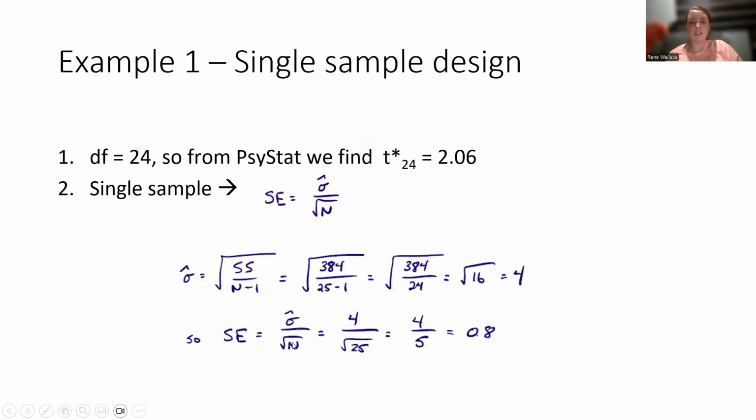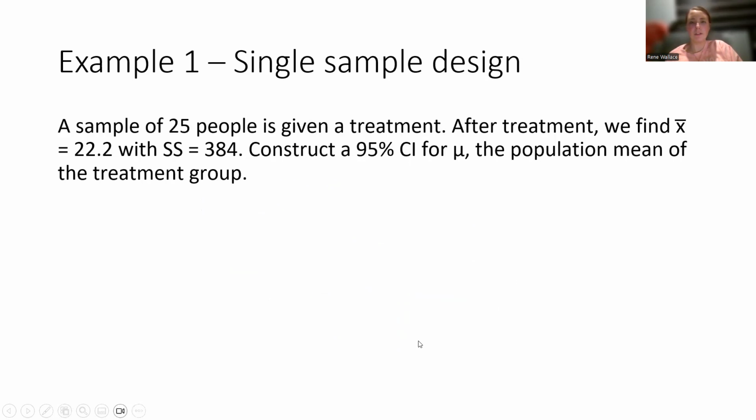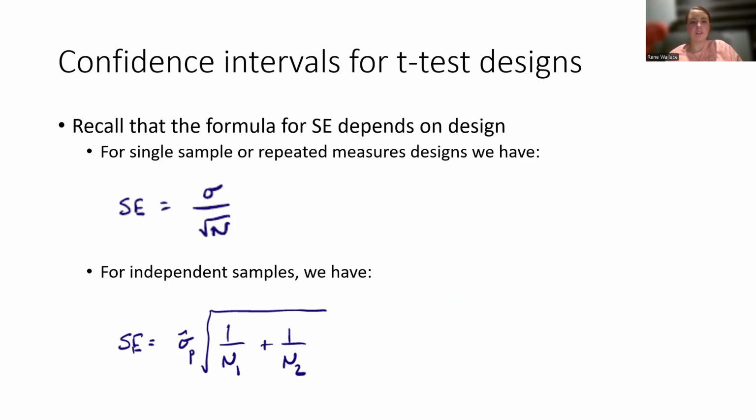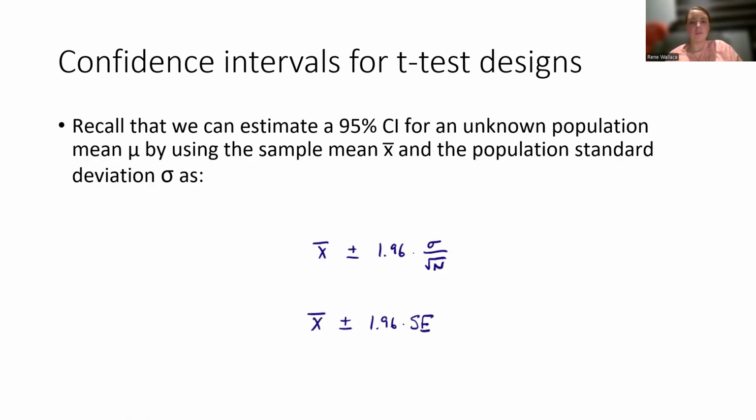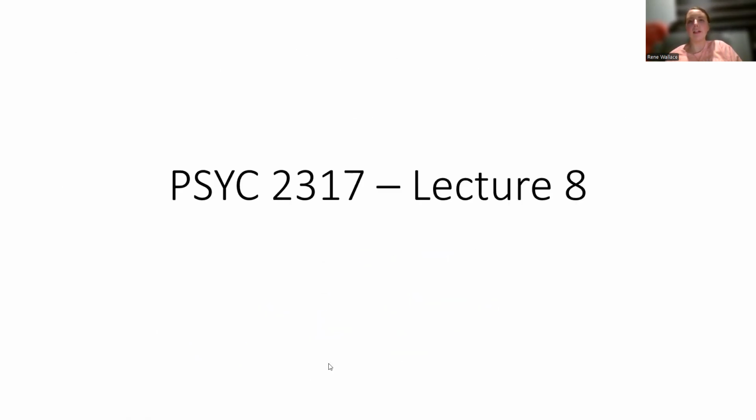So this is also N. This is N minus 1, so that's degrees of freedom there, 25 minus 1. Let me see if I said mu anywhere else I shouldn't have. So for this, the SE equals, this is N1 and this is N2, not mu. I don't know if I did that anywhere else. Okay, I think that's the only place. I've corrected it now, so hopefully I don't get a bunch of emails.